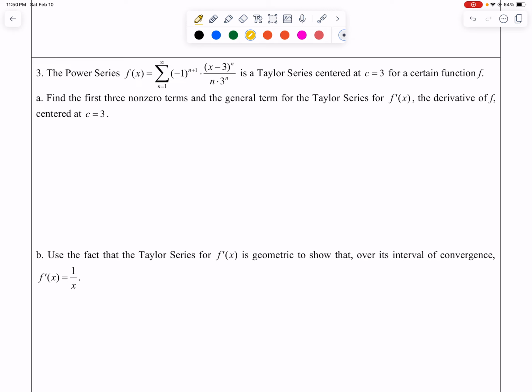Okay, so we are going to go ahead and take the derivative. Remember, when taking the derivative, we're only going to be focusing on the variable x and nothing else. I'm going to simplify this a little bit.